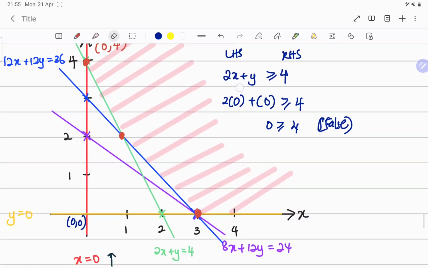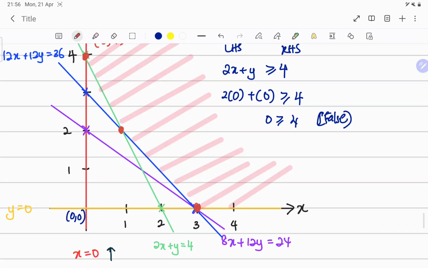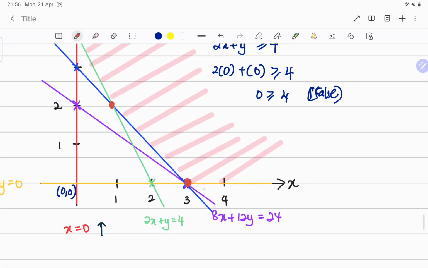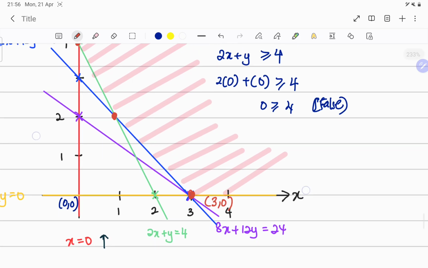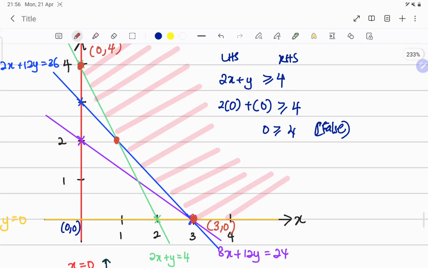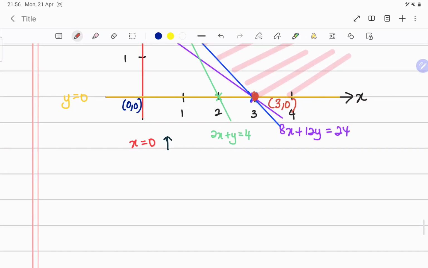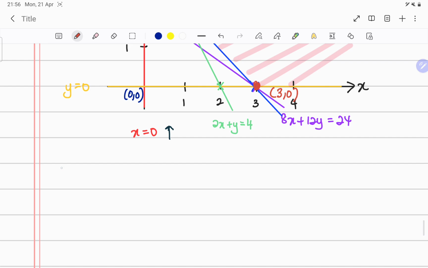The next one is, if you see here, we already have x is equal to 3 and then y is equal to 0. You get one coordinate, 3, 0. And now we want to find the coordinate in between the green color and the blue color. So now what you need to do, because they intersect with each other, is just use these two equations and solve the simultaneous equation.